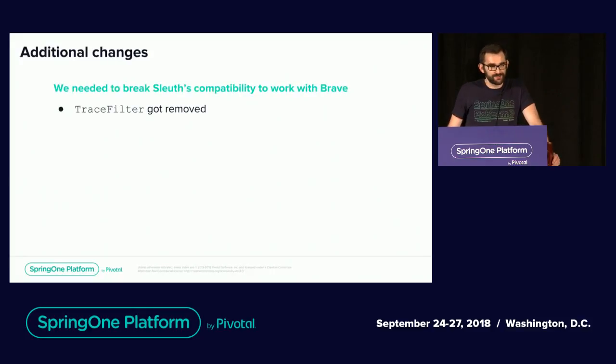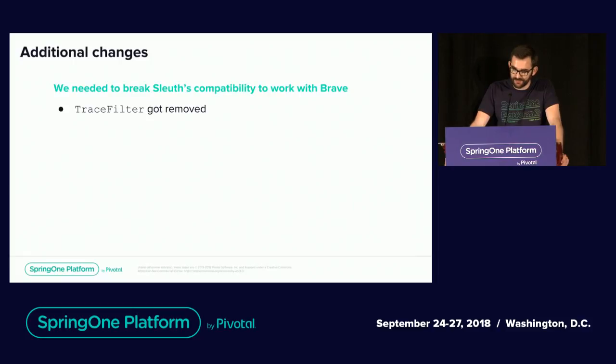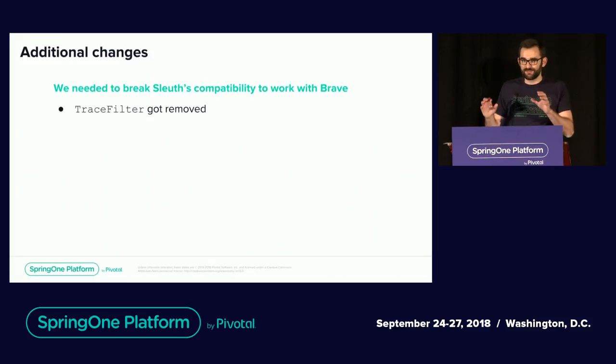Trace filter. There's no more trace filter. Due to the fact that we had this eager putting of span in thread local, it turned out that trace filter started to become a monster because there was hopping back and forth, for example, from the trace filter to the error controller and back, and sometimes you went again to the filter or somewhere else, and then again to the filter, and sometimes you wanted to do something, and other times you didn't.